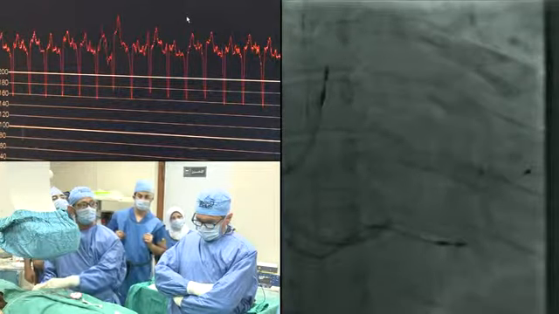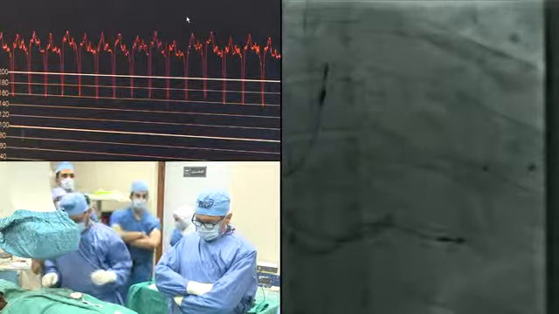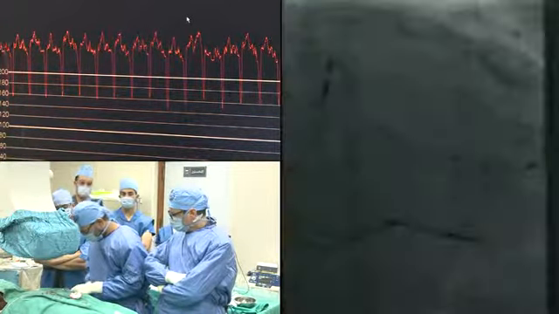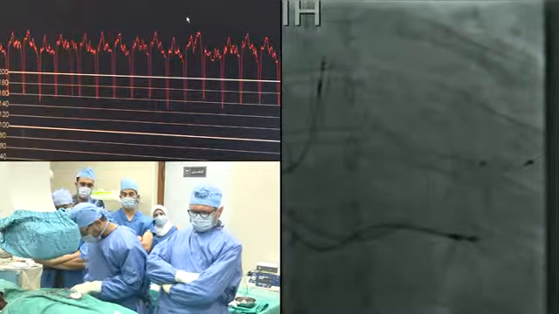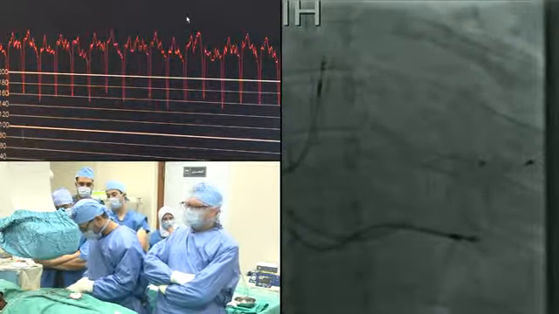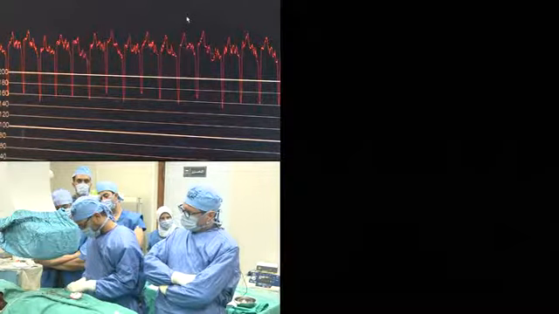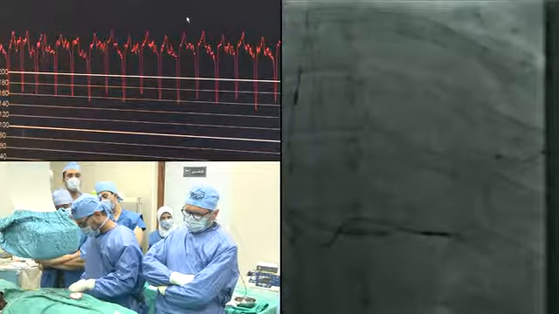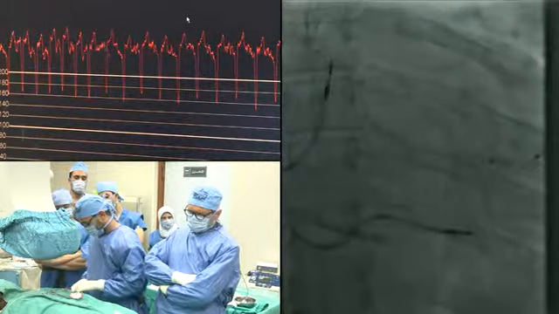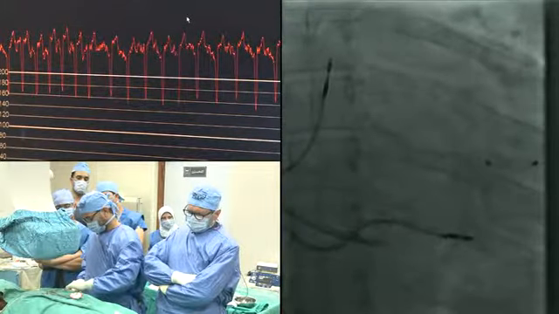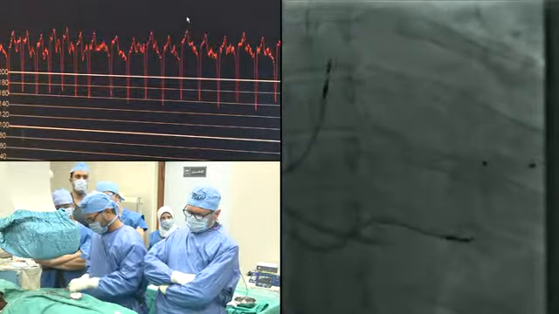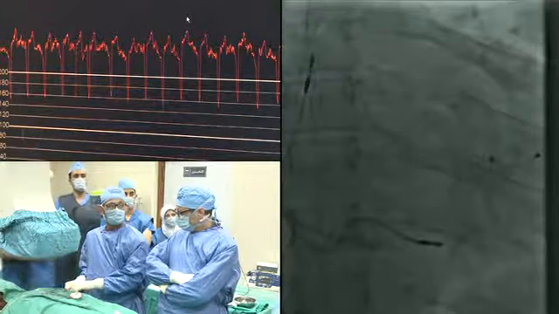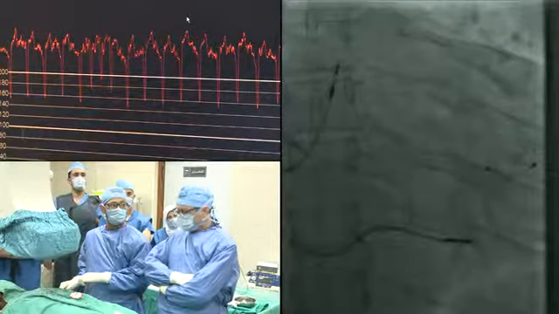Yeah, I think this position is good. I start slitting the lead.